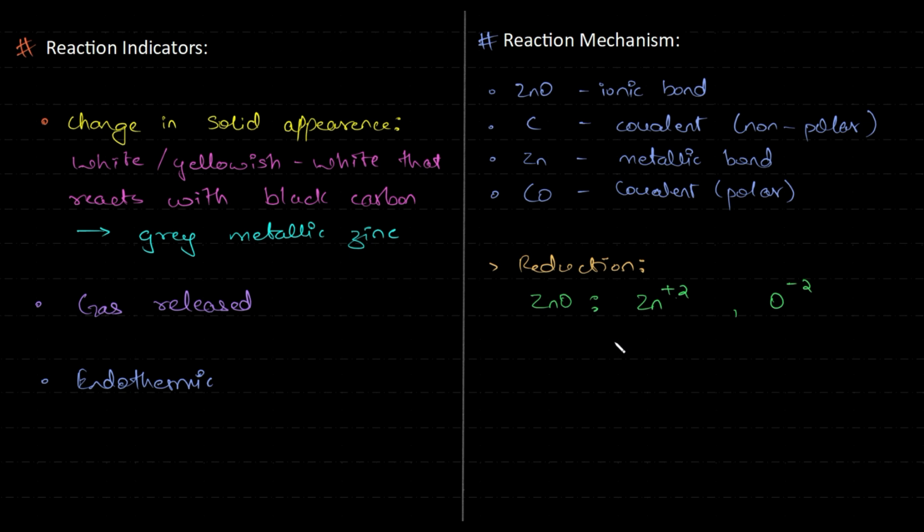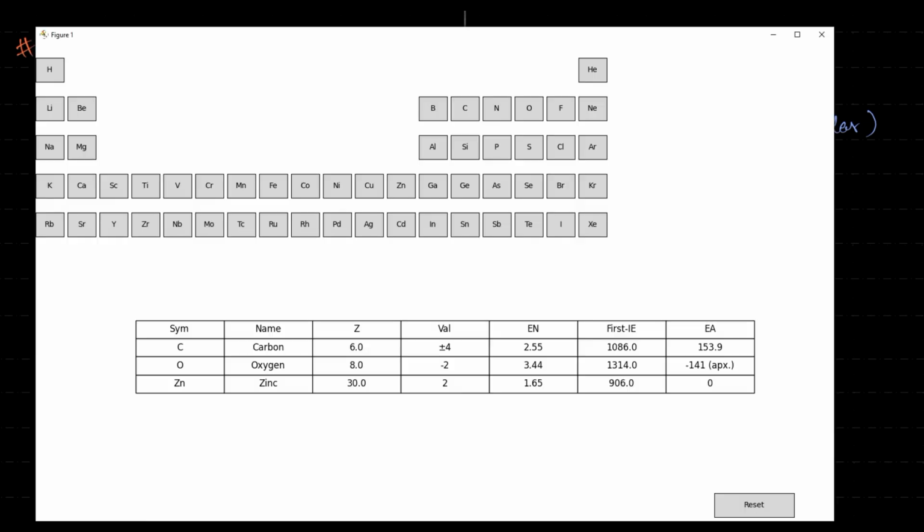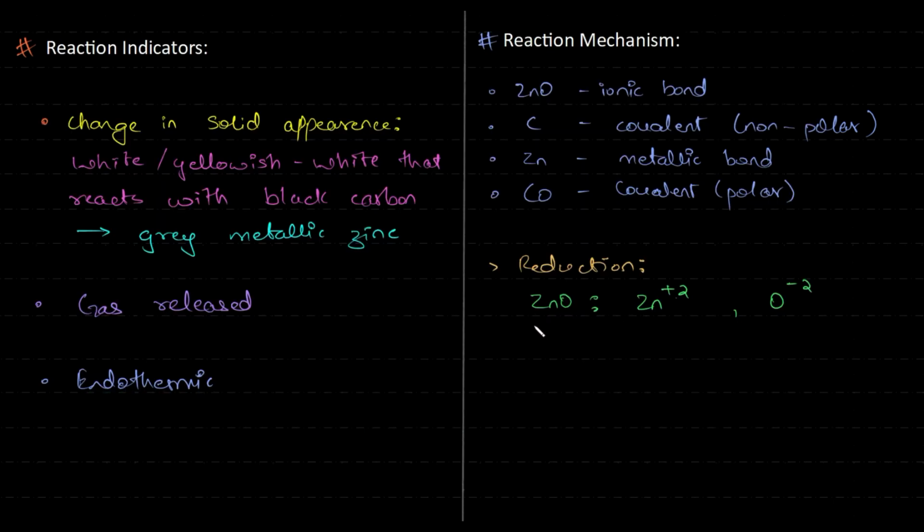It's going to pull it out because of this set of values, right? And this is before, and we're looking at after. In after, we are looking at Zn. Zn is neutral. So it went from 2 plus to 0 in some manner.